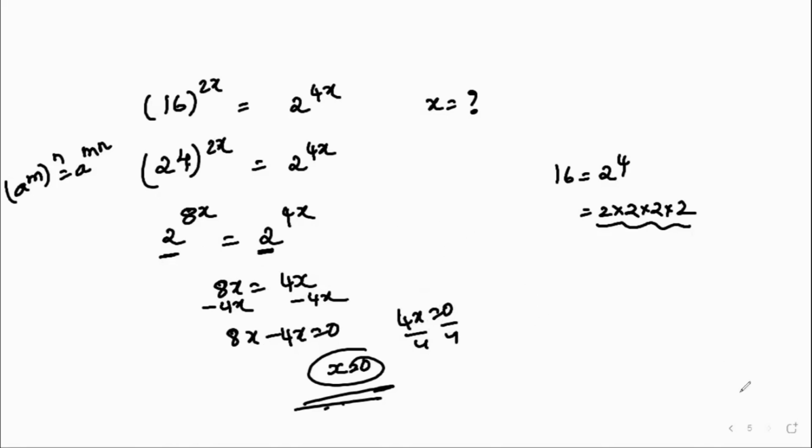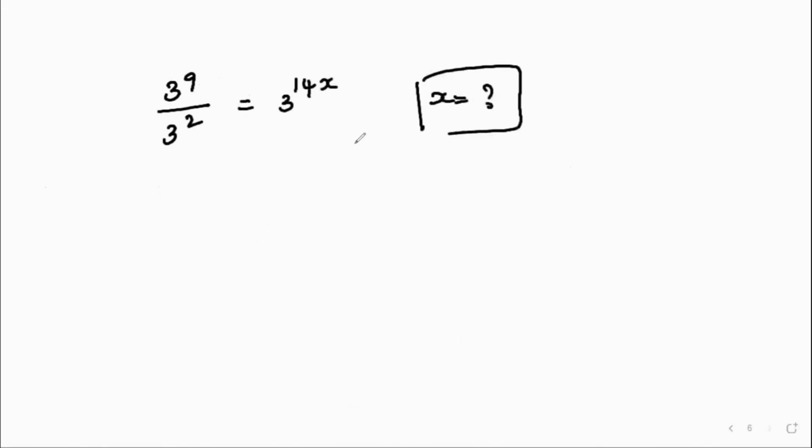Understood? Okay. We will do one more. 3 power 9 by 3 power 2 is equal to 3 to the power of 14x. What is the value of x? Will you try or shall I explain? 3 power 9 minus 2 is equal to 3 power 14x.